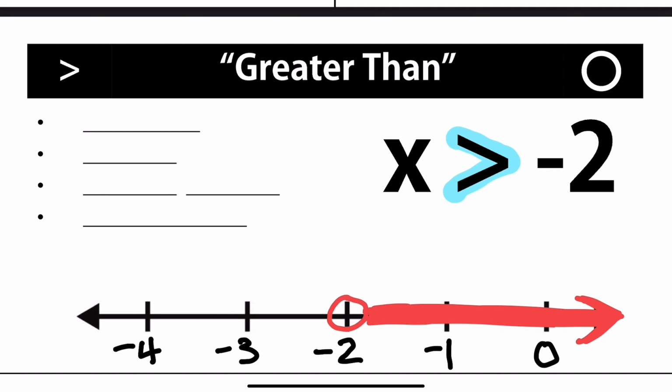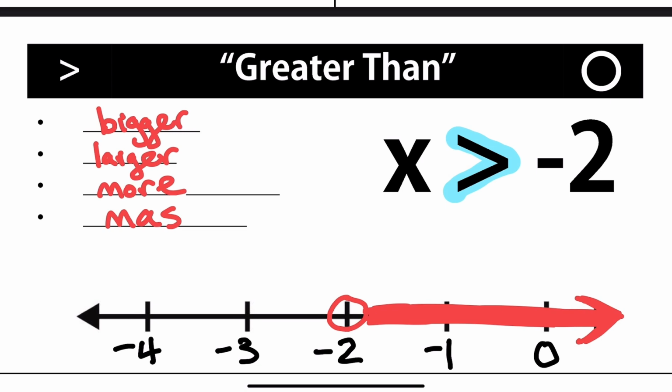So we could also say x is bigger than -2. We could say it's larger. We could say it's more than -2. We could also say más. That is up to you. But just so you know, this is a sign that means that it's greater.